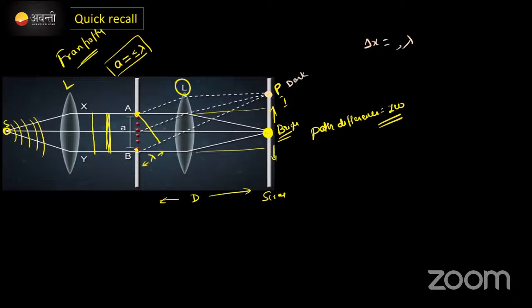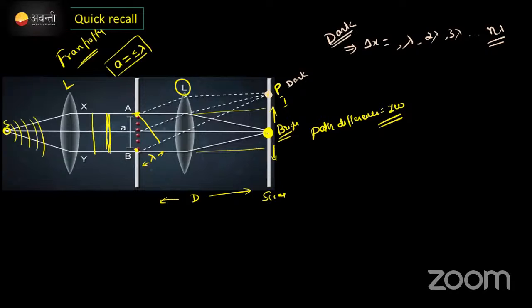Then if you take 2 lambda, again it will be destructive interference, and 3 lambda, again destructive interference. Like that, generally we write this as n lambda. Means path differences like lambda, 2 lambda, 3 lambda constitute the dark fringe.